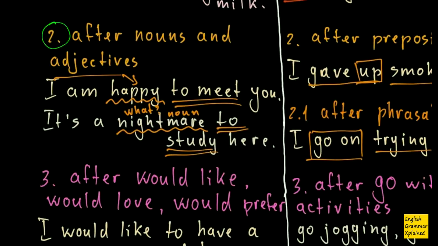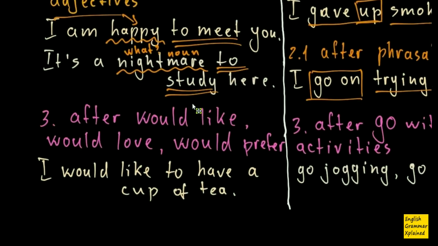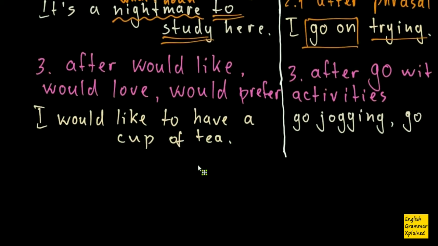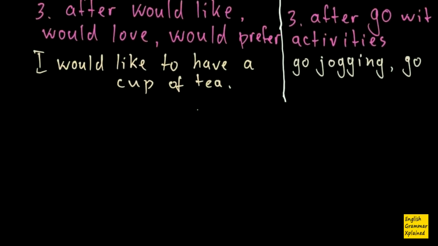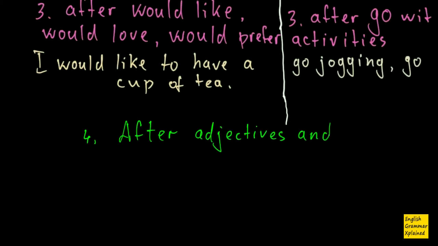We already know that infinitive is used after nouns and adjectives. And what about the ing form? Is it also used after adjectives and nouns? What about gerunds? So, I can put it like this: both infinitive and ing form after adjectives and nouns.